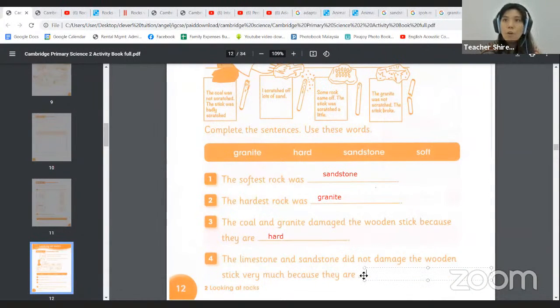Okay, next, number 4. Charmaine, can you read this? The limestone and sandstone. Unmute, please.